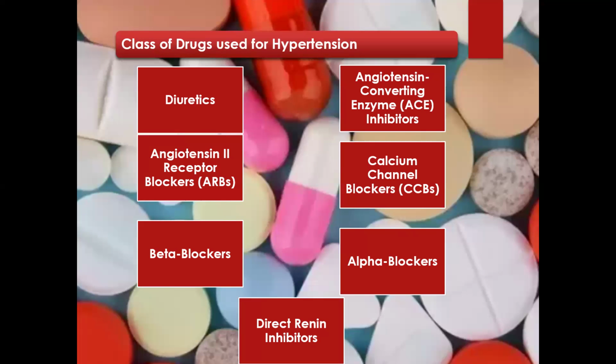Angiotensin II causes blood vessels to constrict, leading to increased blood pressure. By inhibiting this enzyme, ACE inhibitors help relax the blood vessels and lower blood pressure. Examples of ACE inhibitors include lisinopril, enalapril, and ramipril.